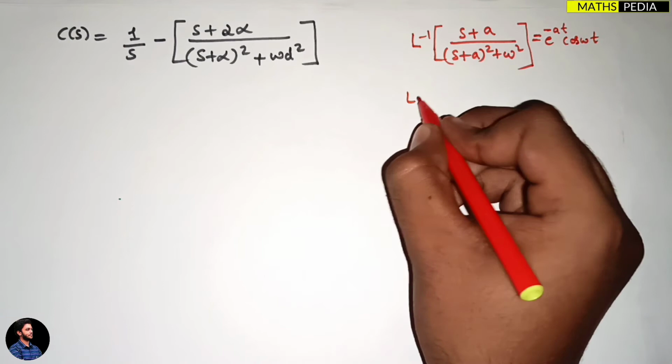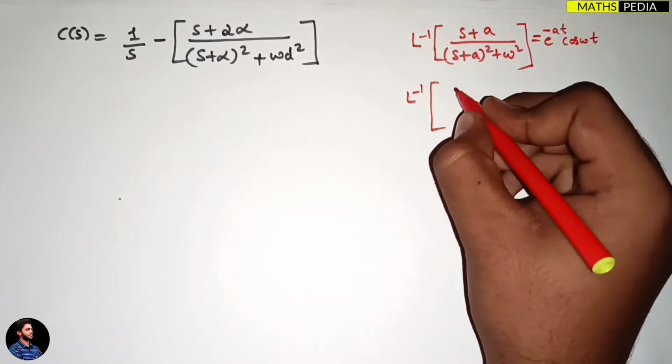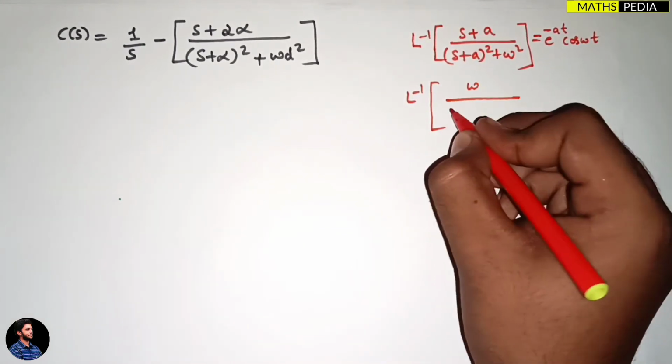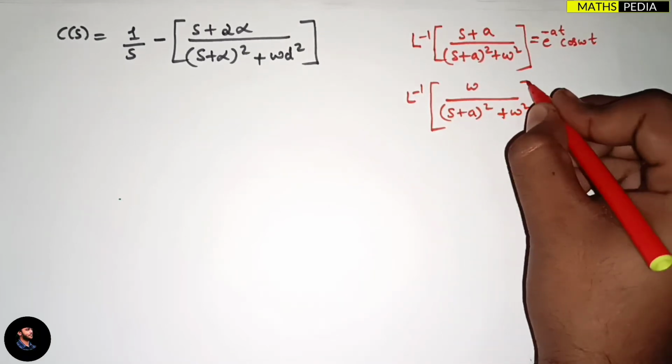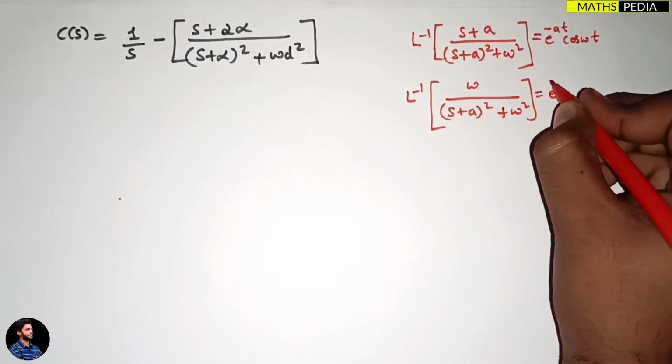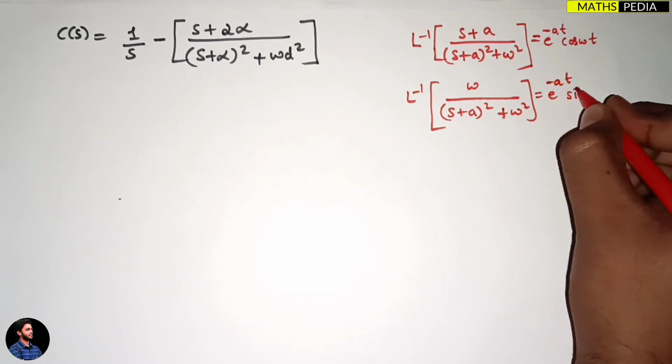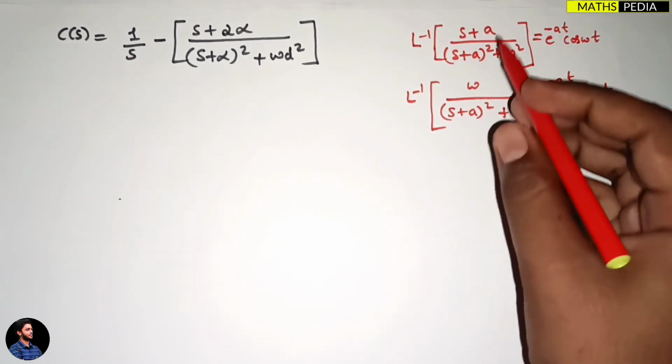One more formula: Laplace inverse of omega by ((s plus a) the whole square plus omega square) equal to e power minus at sine omega t. These two things you have to remember.